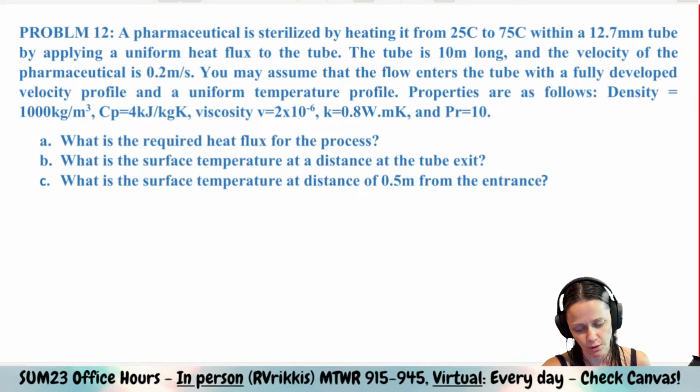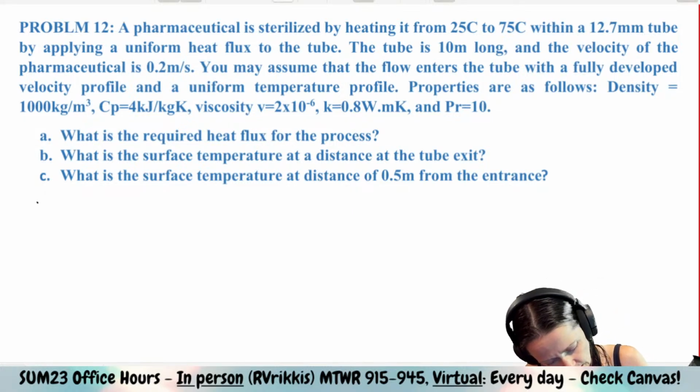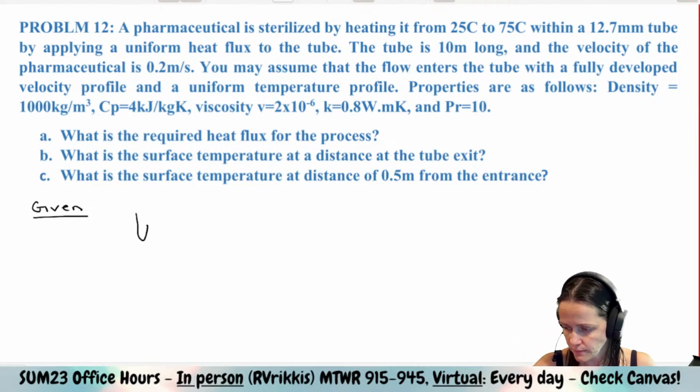So problem 12, we have a pharmaceutical that is sterilized by heating it up from 25 degrees Celsius to 75 degrees Celsius within a 12.7 millimeter tube. So let's put what's given here.